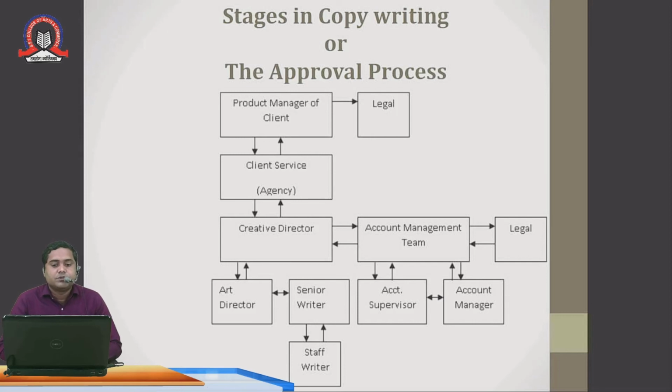It goes from product manager to legal section, then client service, means the agency, then the creative writer is involved, then it goes to the account management team, then again it goes to the legal department, then it goes to art director, senior writers, account supervisors, again account managers, staff writers. Means how it flows. From this chart we come to know what the stages in copywriting are and how it becomes successful.